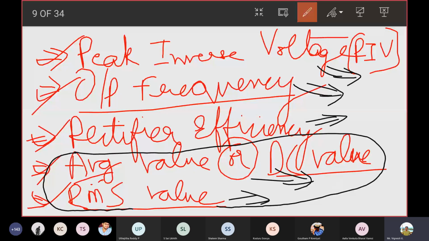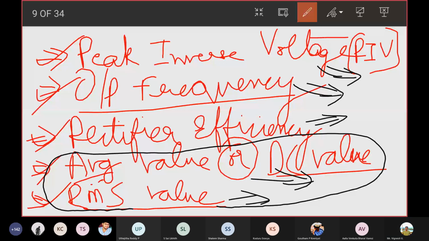Output frequency is straightforward. What do you think is the output frequency of the half wave rectifier? How would you calculate it? In layman's terms, look at how it is repeating. If this is T by 2, this is T. You know what the input is. The repetition happens till T, so the output frequency is the same as the input frequency.